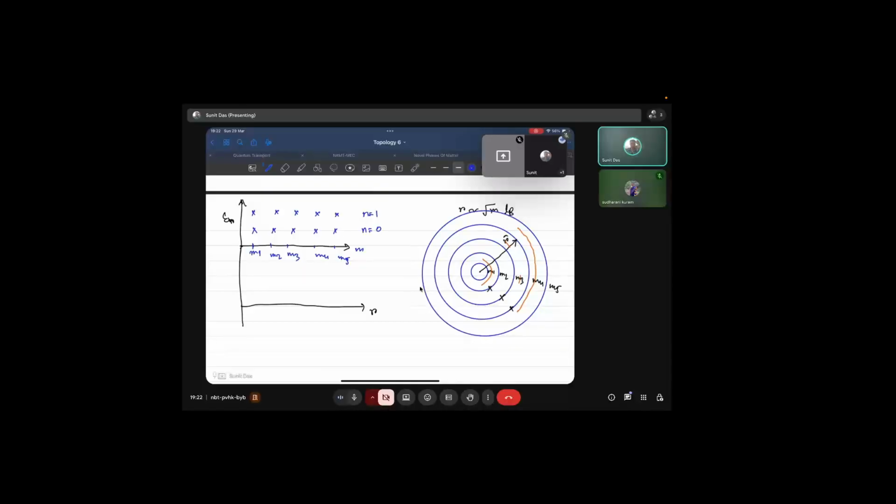So M2 will be within M2 and then M4. We have something like this. The potential will look like this. So this is the confining potential as a function of R. This is R inward, or you can think of it as M1, right?